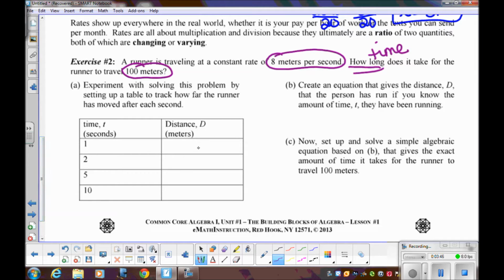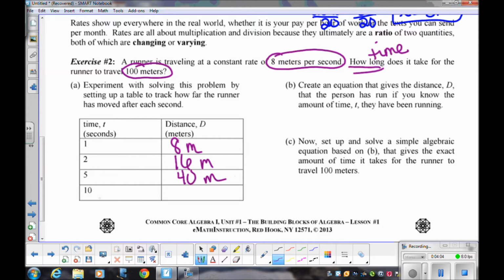Tables can tell us a lot. They can help us organize our information, and it's a little bit easier to start to see patterns. So after 1 second, how far has this person run? They have run 8 meters because they're 8 meters per second. Every second they're running 8 meters. So at 2 seconds, we're at 16 meters, 2 times 8. 5 seconds, 5 times 8, 40 meters.